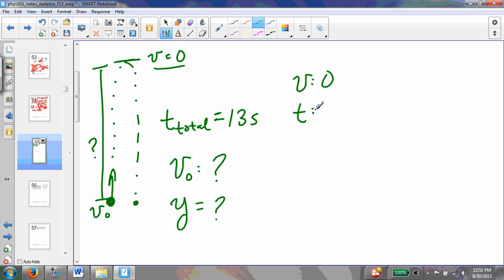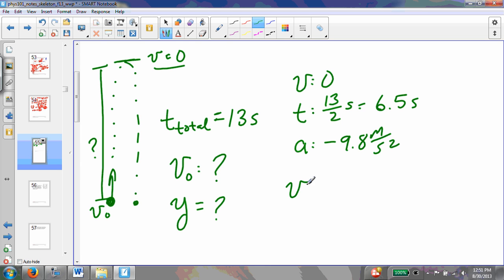The time required to get to the top is going to be 13 divided by 2 seconds. That's 6.5 seconds. Because as we said, we're assuming that it's symmetrical, and so equal amount of time to go up and to come down. So we're just splitting that 13 seconds in two. And I know that my acceleration is minus 9.8.